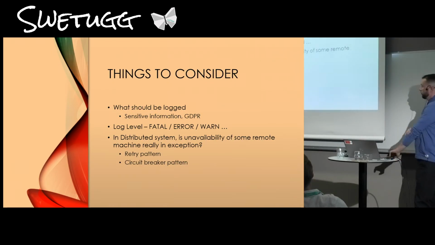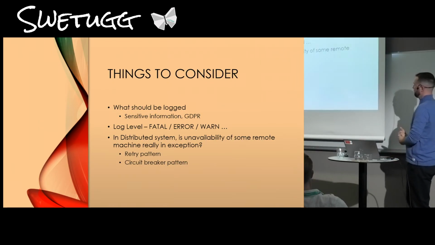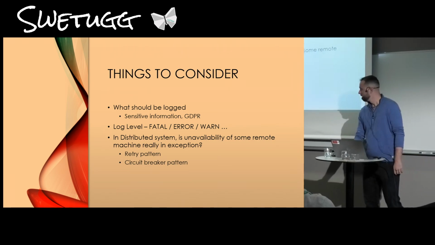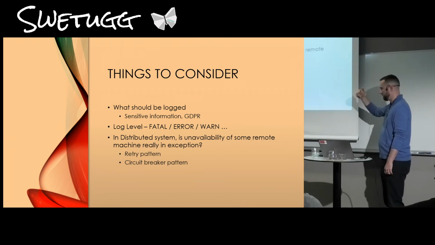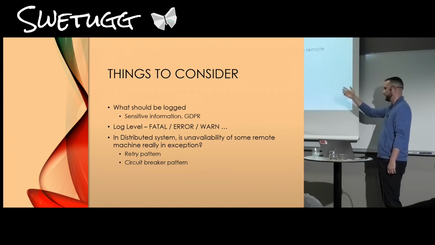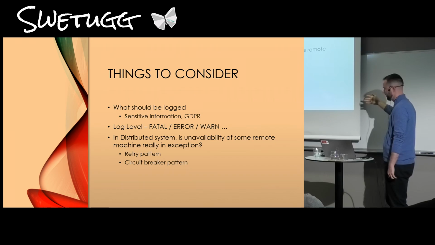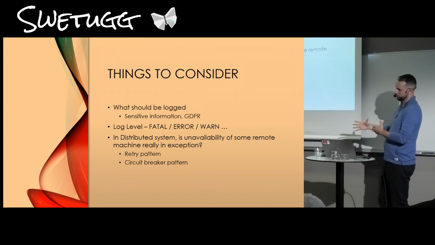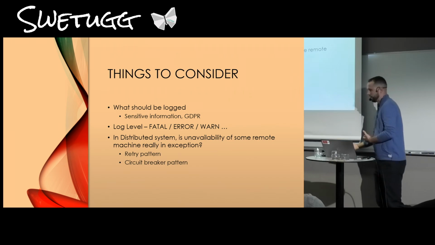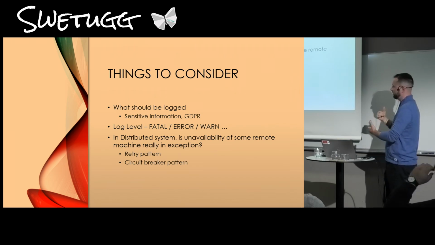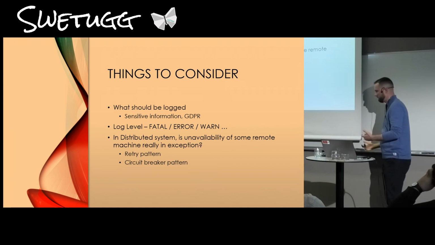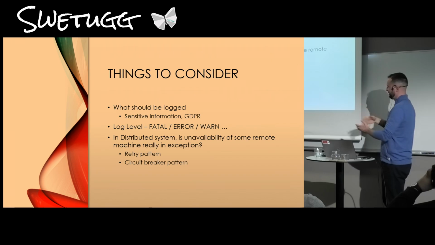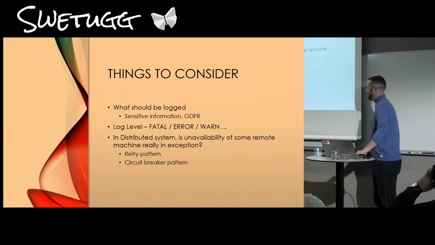Then, the things to consider when you are logging the exceptions: you should definitely consider what should be logged, because it's very often that you catch the exception and the first line in the catch block is log error, and then you put there the exception. But there might be a problem with GDPR, for example, because in the exception there might be some user ID, or ID is not a problem, but let's say some sensitive user information, maybe the number that you get at birth, like the personal identification number or something like that.